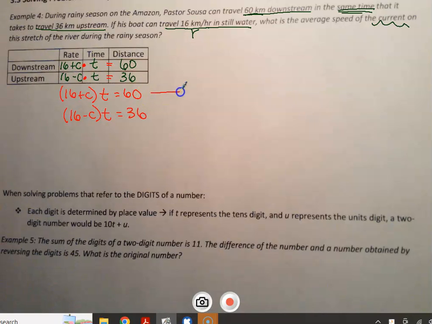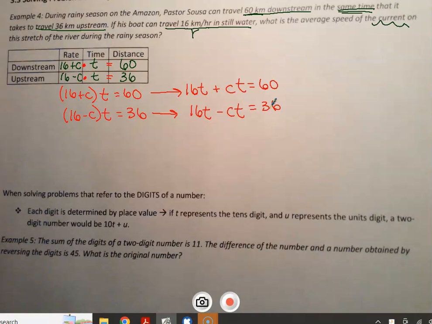And so we'd have to distribute. So this would be 16t plus ct equals 60, and this equation would be, again distributing, 16t minus ct equals 36.